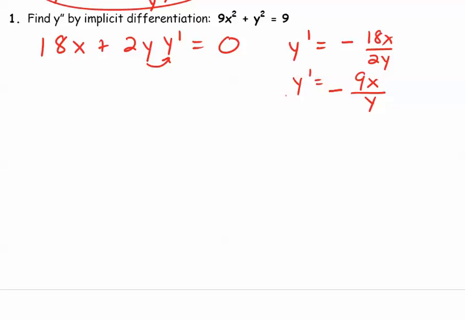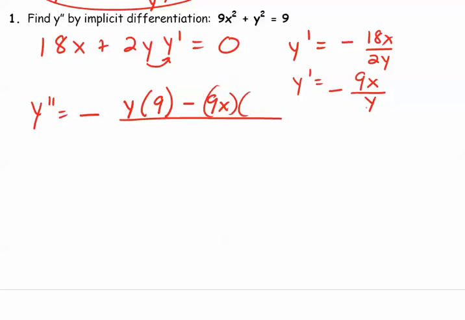So now I'm ready to use my y prime formula to move on to find y double prime. And I'll bring this negative 1 out in front of my quotient rule. And we'll have the low function times the derivative of the numerator, which is just 9, minus the high function times the derivative of the low function.